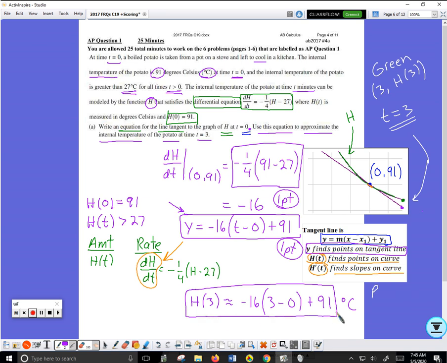But as long as you have that equation for approximating the temperature, you'll get 1 more point for a total of 3 points on this part A.